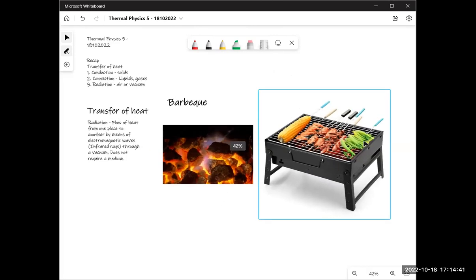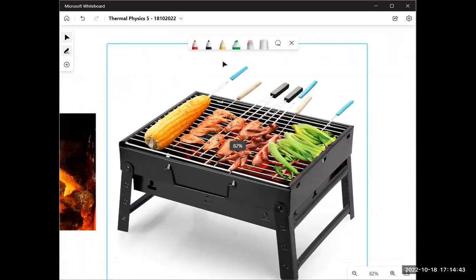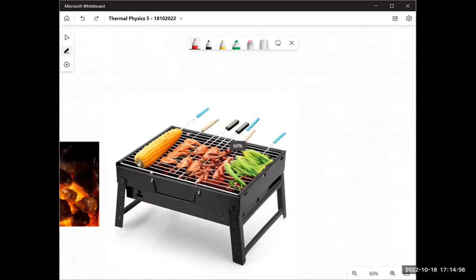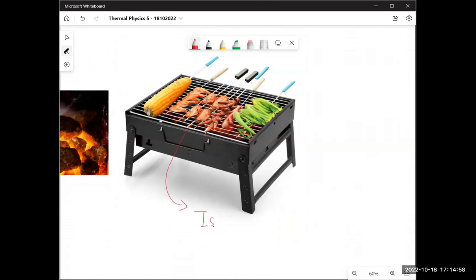But one thing we realized: are these things touching the coal beneath them? Are they touching? Yes, no. Is there a gap between them? Yes, sir, there is a gap. So is the chicken touching the coal? Now this is not a cooking class, but we need to understand what's happening.